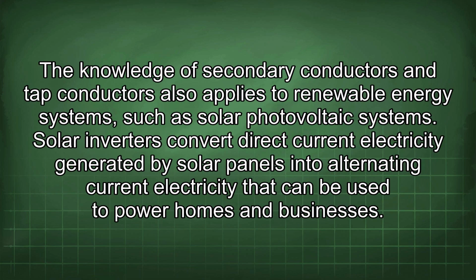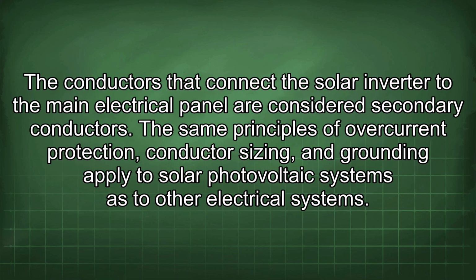The knowledge of secondary conductors and tap conductors also applies to renewable energy systems such as solar photovoltaic systems. Solar inverters convert direct current electricity generated by solar panels into alternating current electricity that can be used to power homes and businesses. The conductors that connect the solar inverter to the main electrical panel are considered secondary conductors.